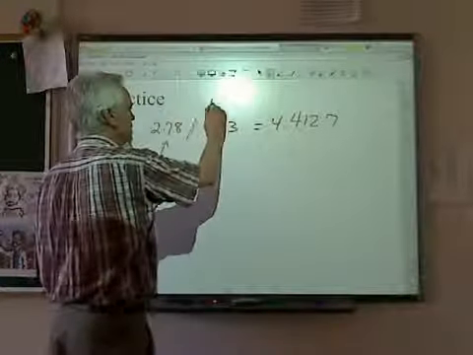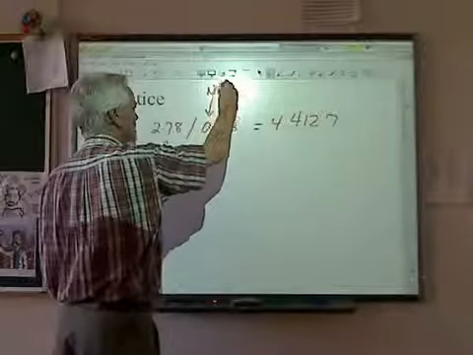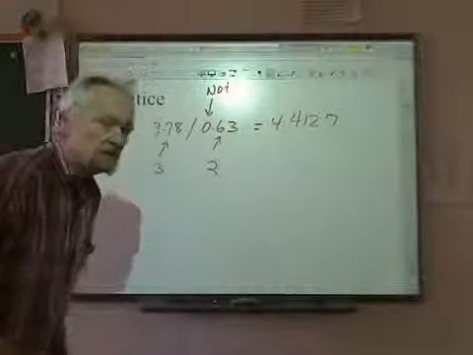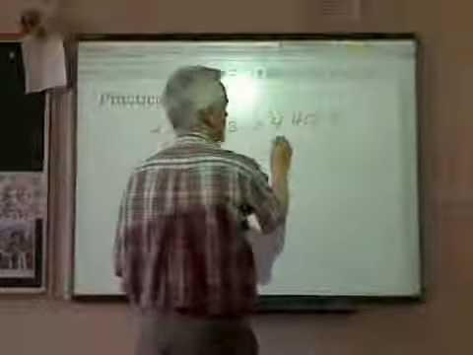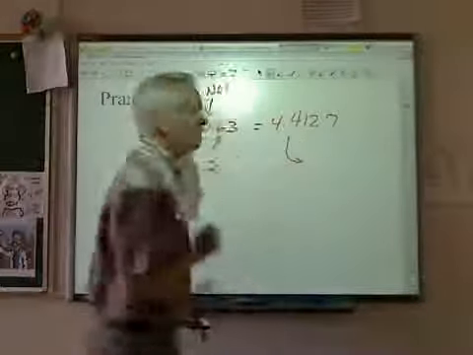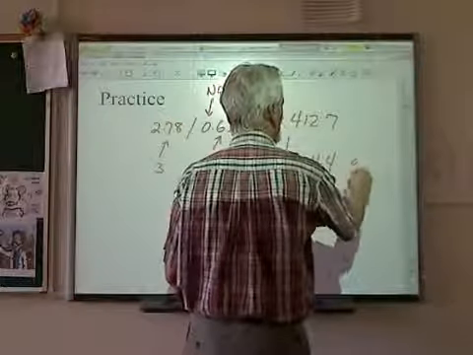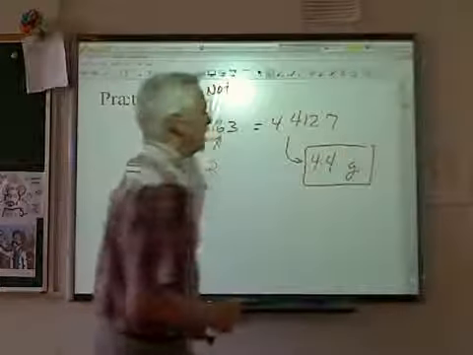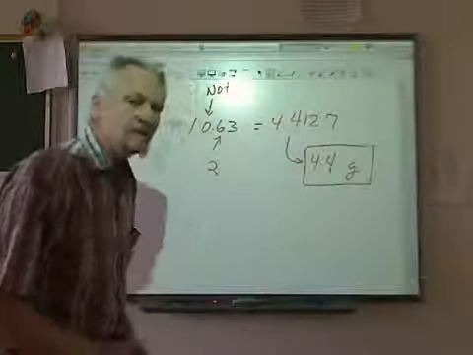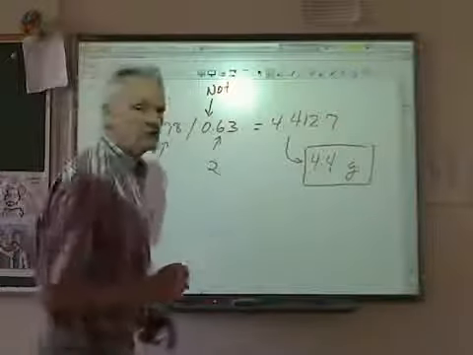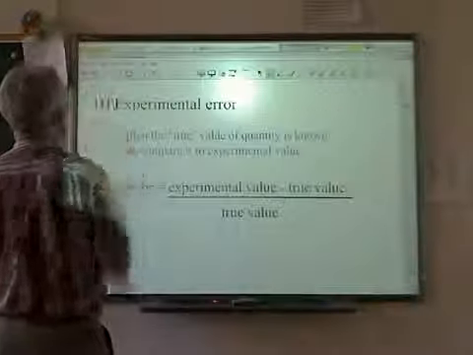Remember that that 0 does not count. And so we only get 2 significant figures in our answer, so this 4.4127 would be correctly recorded as 4.4, and of course whatever units we had, respecting our significant figures. We'll practice more with this in class.